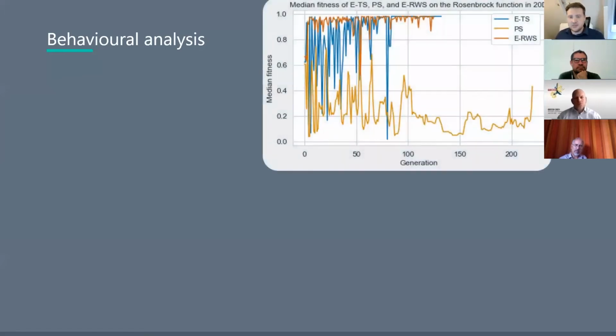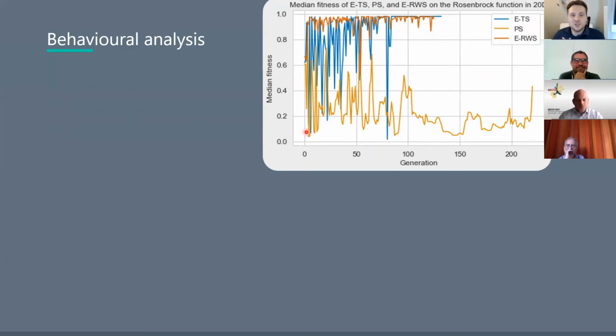And I selected the elitist tournament selection, plus selection and elitist roulette wheel selection methods as an example, because they all represent a different mechanism, namely tournament selection, a non-stochastic method, and the roulette wheel selection method of working. Deterministic, excuse me, that was the word I was looking for. The plus selection is deterministic.